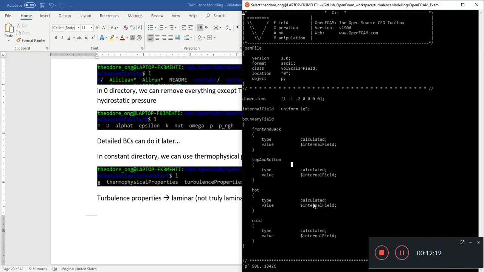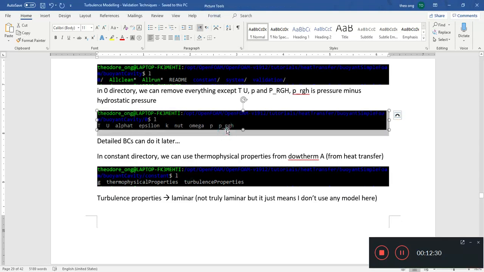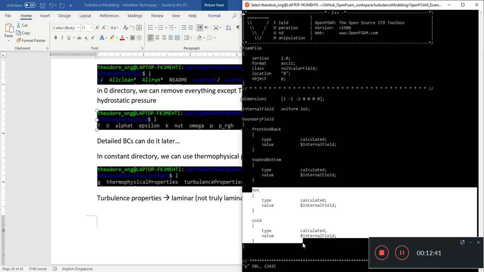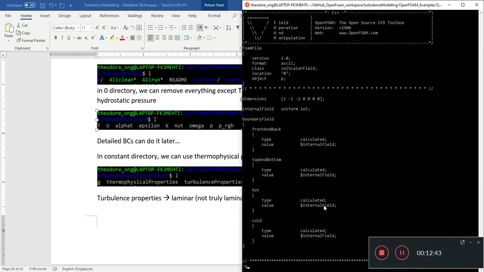For OpenFOAM, usually the field that's calculated is the pressure without the hydrostatic component, which is this p_rgh, which you see here. So for most of the pressure field, we have this calculated thing here. The rest of them, usually we just have cyclic.